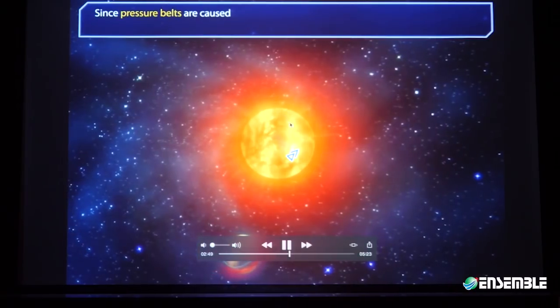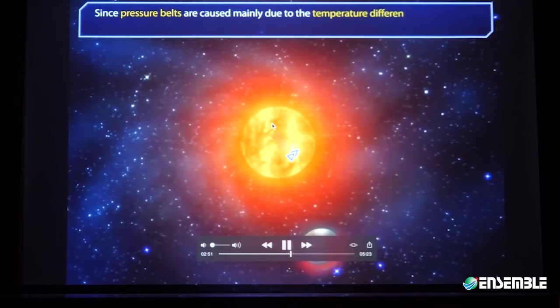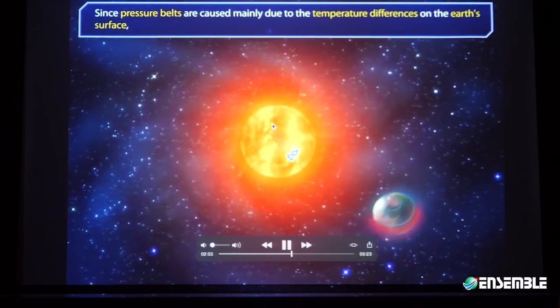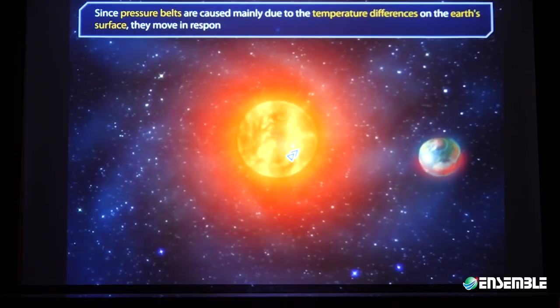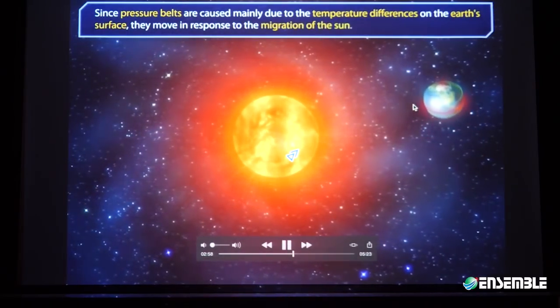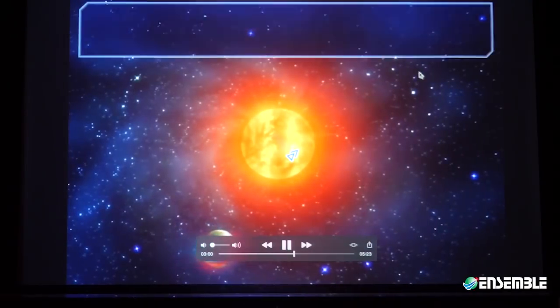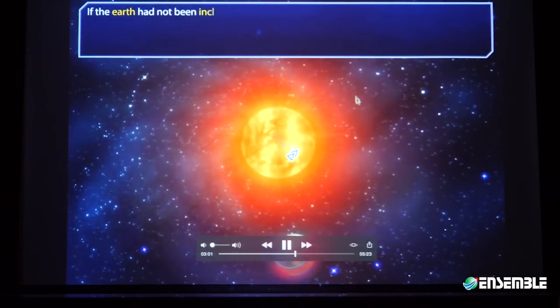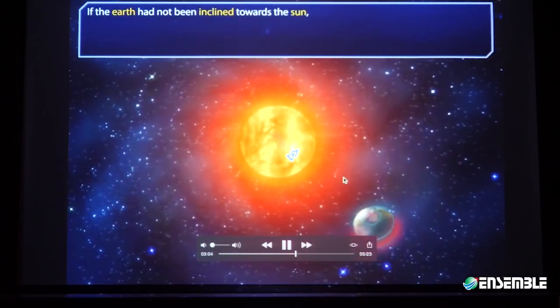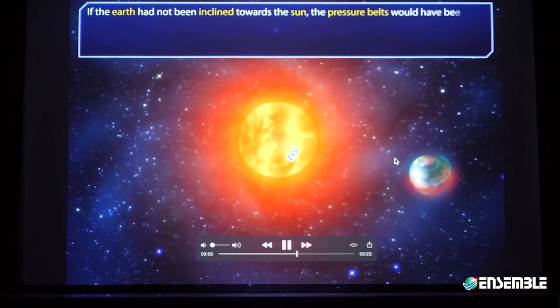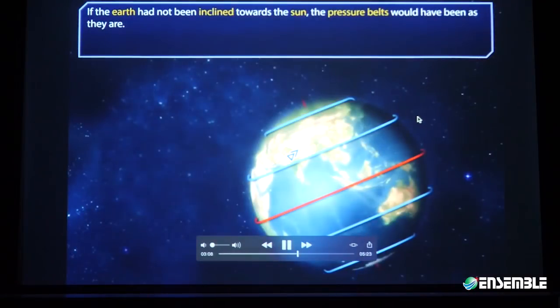Now, as you go on to move further, pressure belts, as we talked about, are going to be caused by the differences in the temperature, and that is going to be caused by the position of the Earth around the Sun. This is the Sun, and how is it that the Earth goes on to revolve around it? That goes on to determine what will be the temperature condition.